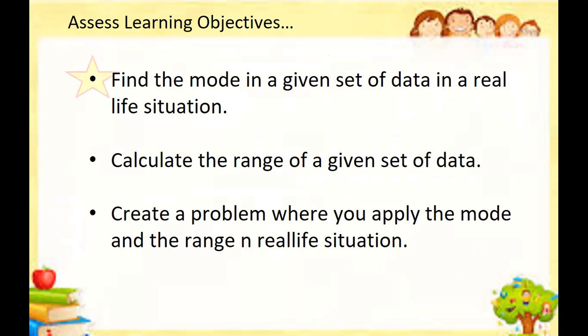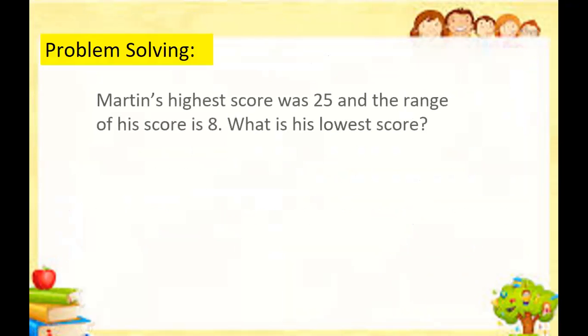Now, let's try to solve a problem. Martin's highest score was 25 and the range of his score is 8. What is the lowest score? So since we know that range is highest minus the lowest, the range is given, the highest score is given, and when we say highest score, meaning the highest number.